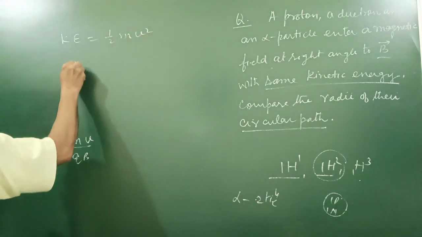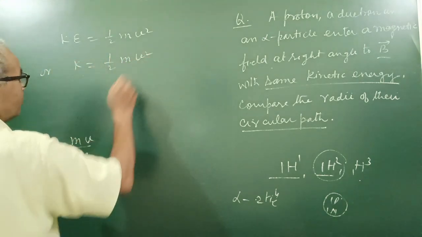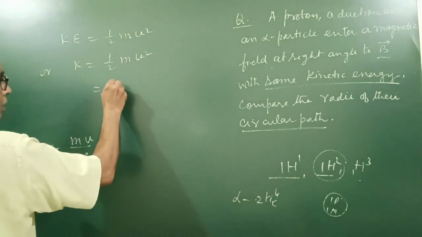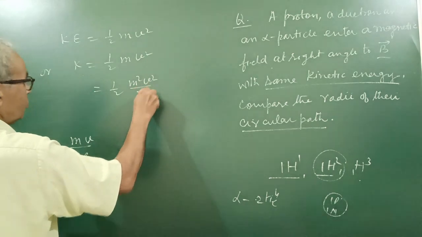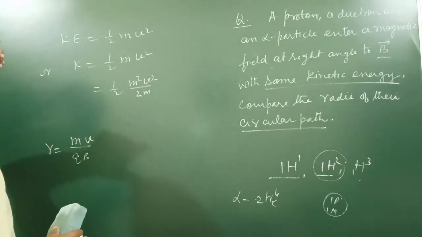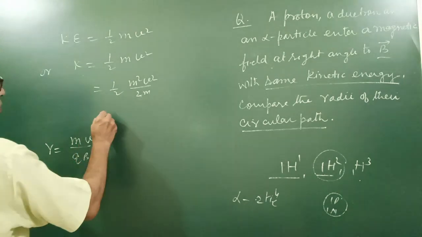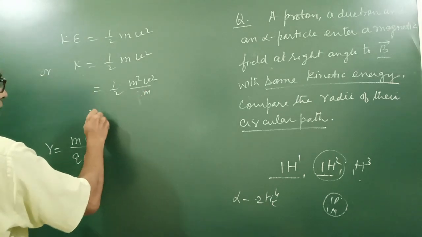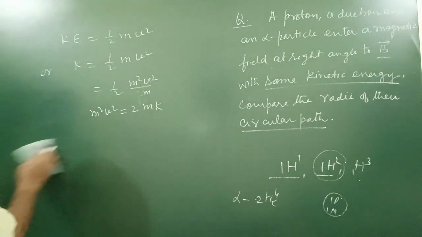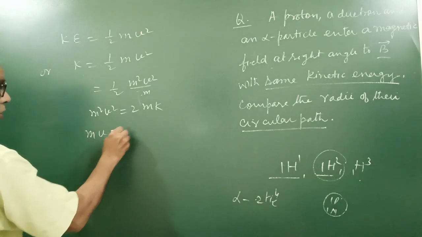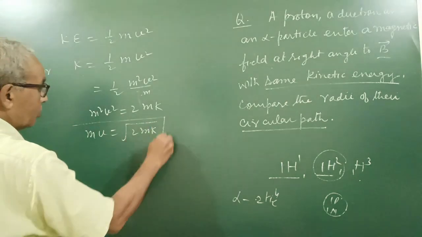Multiplying and dividing by m, m square v square equals 2mK, and hence mv equals under root 2mK. This is a very important relation, dear student.